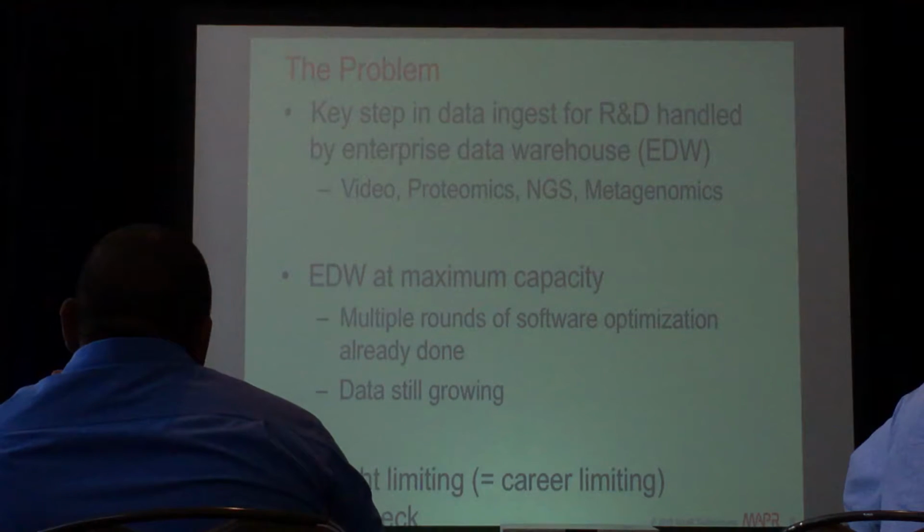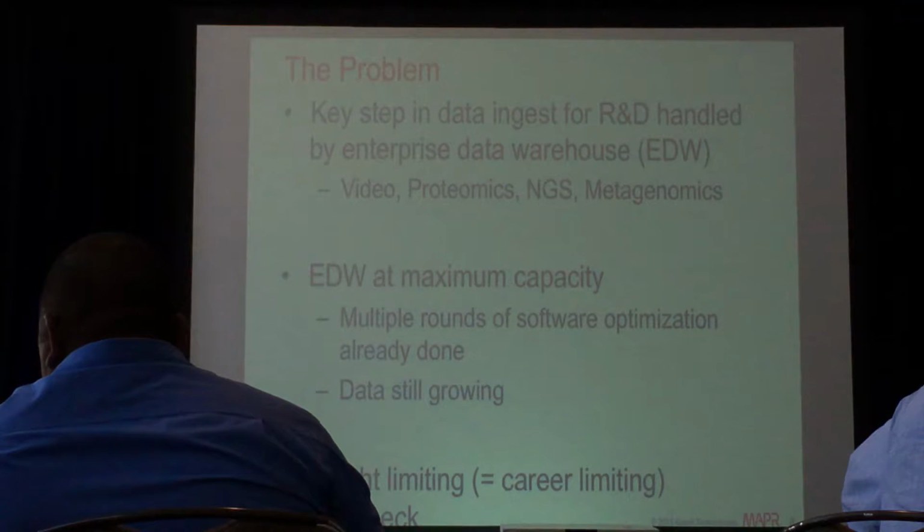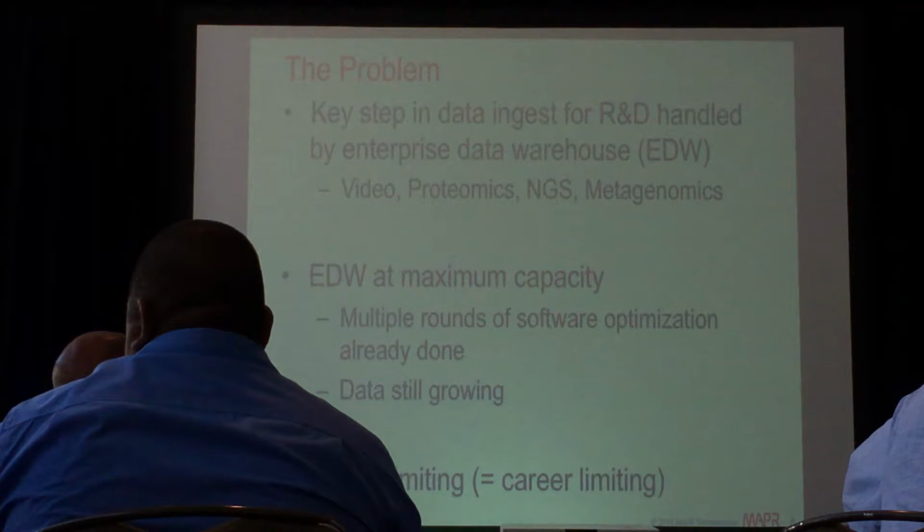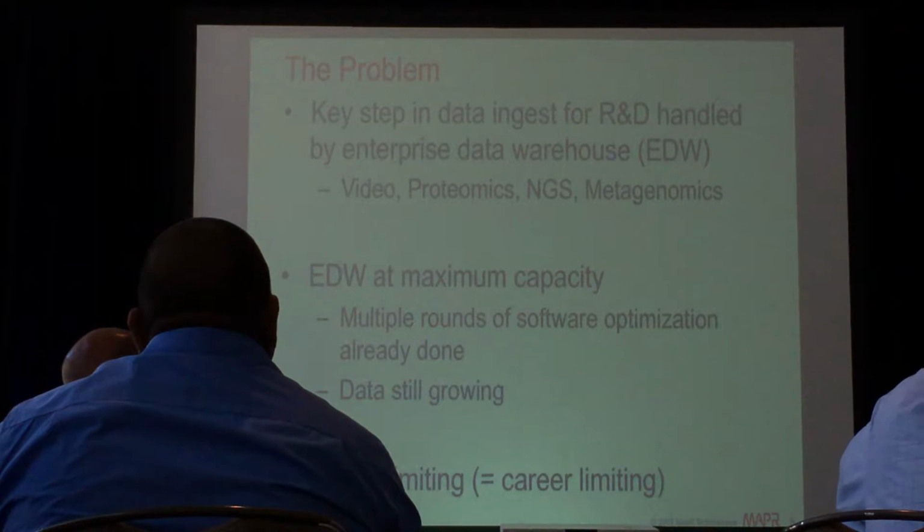The problem here was they were doing a data ingest as part of the R&D pipeline that's generating insights and candidates for feeding into their pipeline for developing new therapies, new drugs. And it's all kinds of data: video data, proteomic data, next generation sequencing, DNA and RNA sequencing data, metagenomic data, you name it, it's all in there, electronic health records.